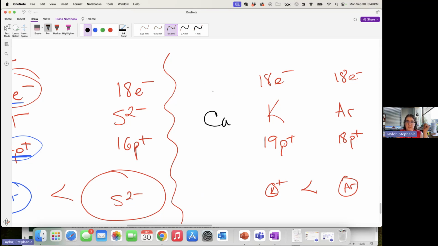We can put calcium in here. If it also has 18 electrons and 20 protons, this thing should get way smaller because you've got 20 protons hanging on to 18 electrons. That ratio of the positive charge in the nucleus to the number of negative things in its electron cloud will tell you if it gets bigger or smaller, and bigger or smaller than what.